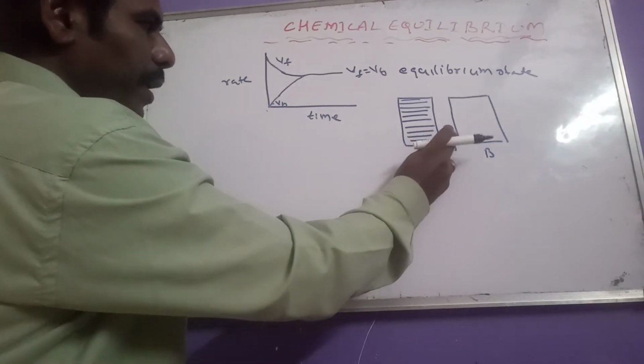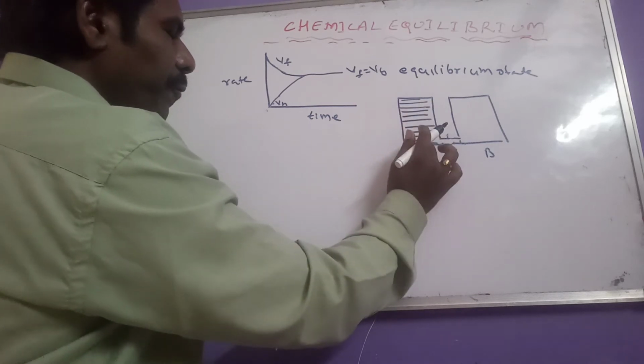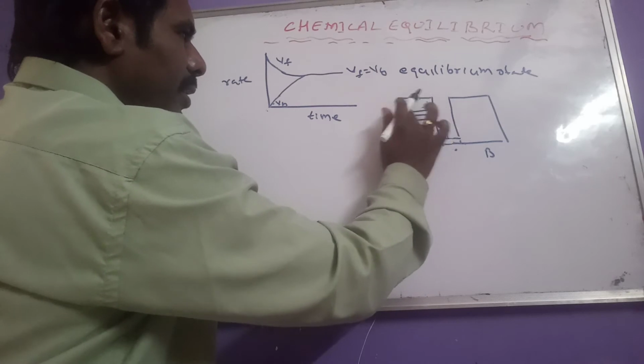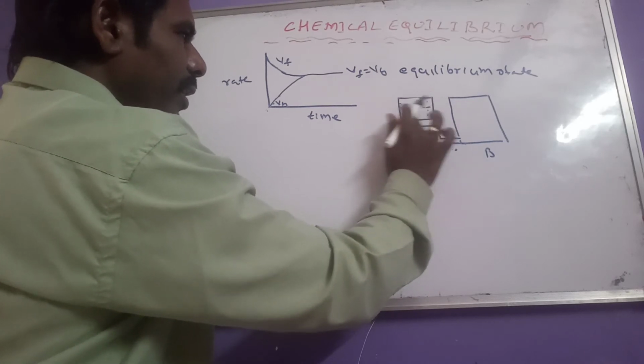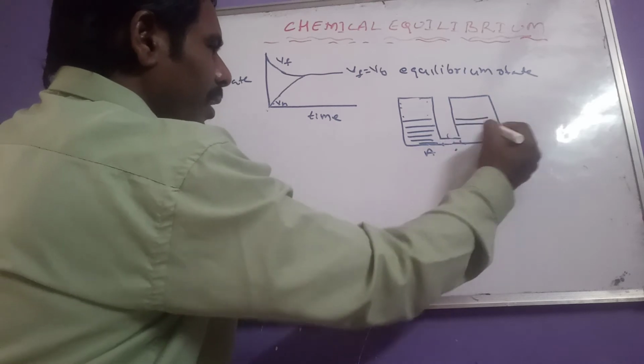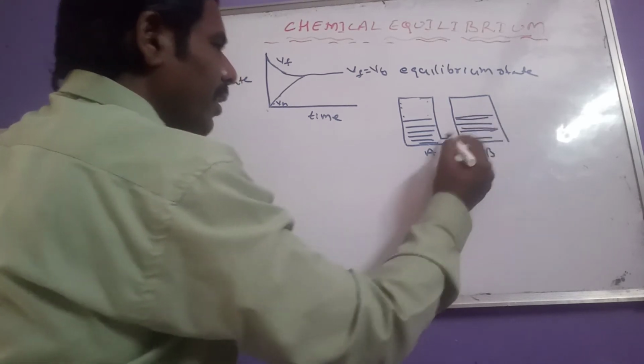If we open the knob, water flows from the A vessel to the B vessel, but the total water does not move into the B vessel. Only half of that amount flows into the B vessel.